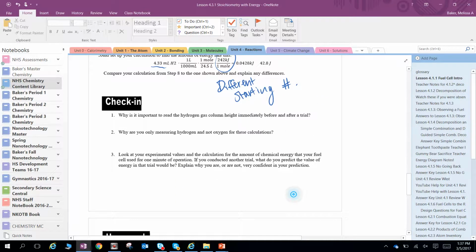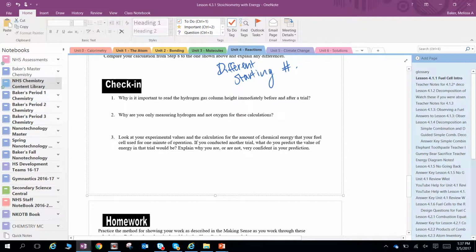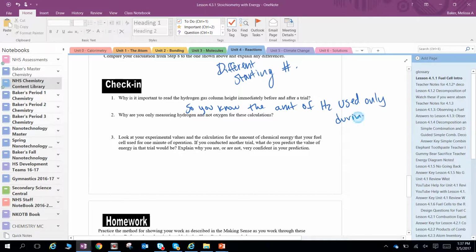So for the check-in questions, it says, why is it important to read the hydrogen gas column height immediately before and after a trial? And that's so you know the amount of hydrogen used only during that 1 minute of the propeller running.